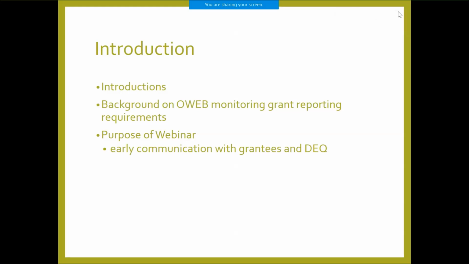Some of the grants are really straightforward with only one parameter being monitored, and those are typically easier to report. But some of your grants have several different parameters, a combination of grab and continuous data, and that will require a little more work to manage the data to submit to DEQ. We want you to be proactive to figure this out before you go to close your grant out.